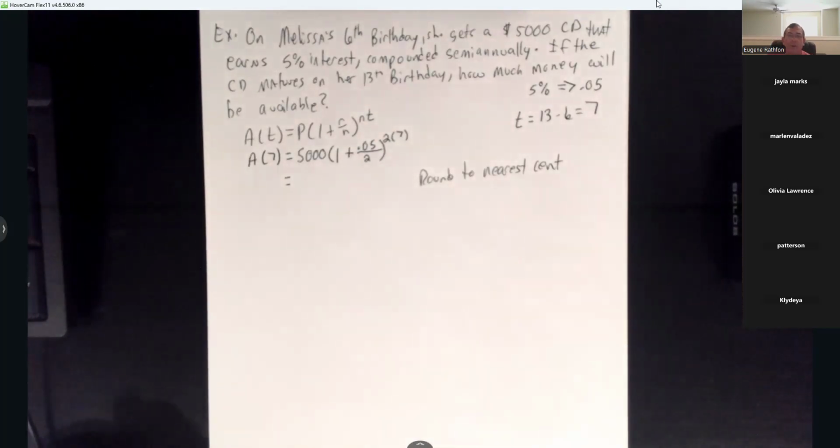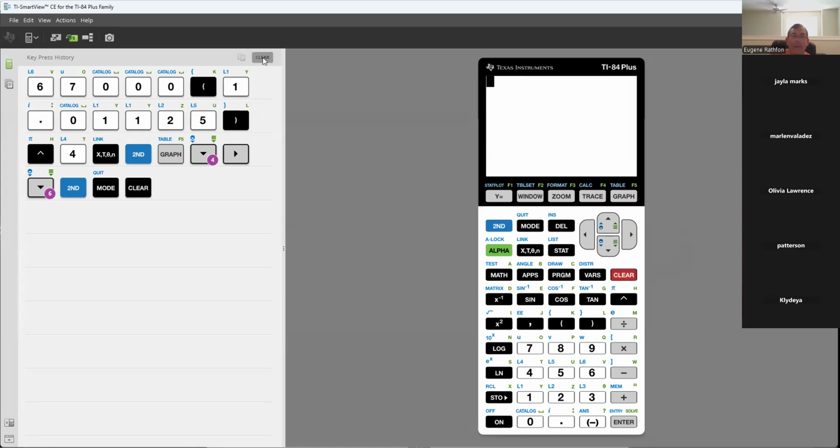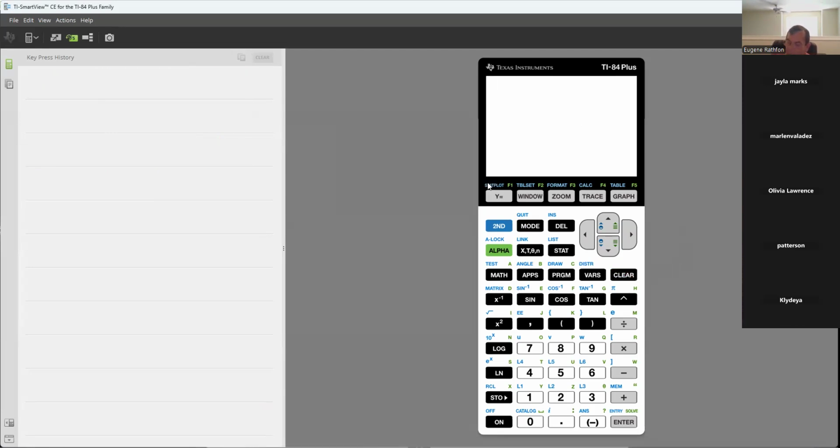All right, y'all, so we would go punch this on our calculator. Since there's only one of them, I'm just going to use the calculator and not do the graphing. Because you can almost punch in one by the time you did all that graphing stuff.